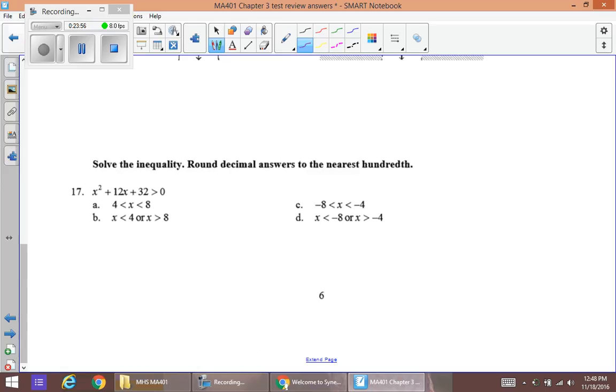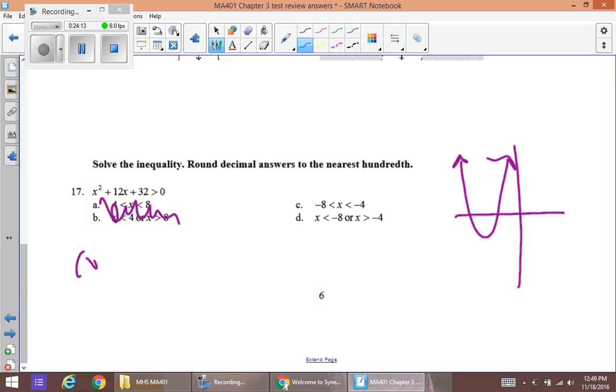So you can graph it if you want. If you graph it, you're going to see some business that looks like this. So you know you want the negative answers. If you did not graph it because you factored it, because factoring is your friend, then you would have gotten plus plus and known, hey, if the factors are positive, the solutions are the opposite, so they're negative.